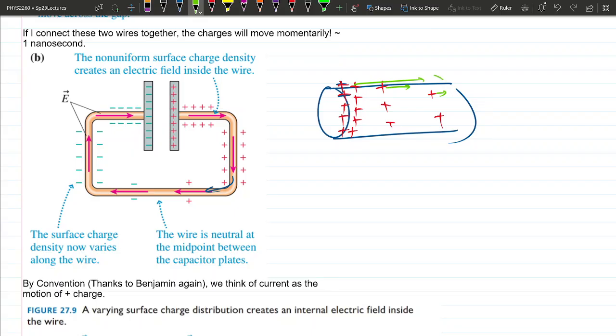Therefore, the net electric field is going to be pulling all of these positive charges to the right, just because there's an imbalance of charge at that point. But what's going to happen, as we saw, within a microsecond, all these charges are going to balance each other and get the spark. So the charges are actually going to neutralize each other eventually.